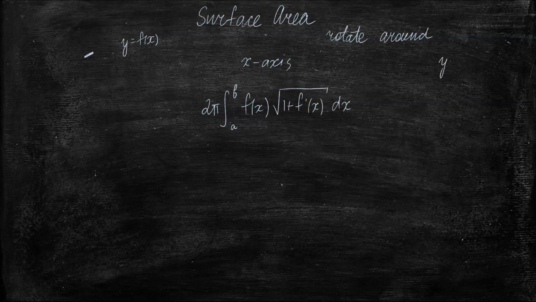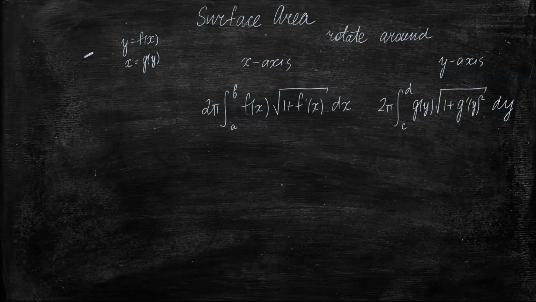And if we rotate it around the y-axis, then we actually have to redefine it, right? So we would have to look at this function from a different angle, and we would define this function as x equals g of y. And if that was possible, then the answer will be this. So these are the two formulas that we have.